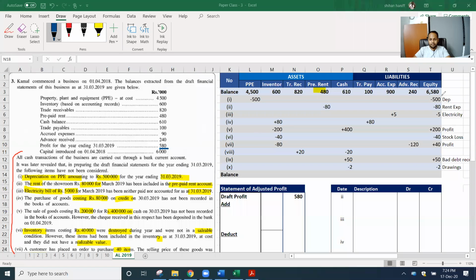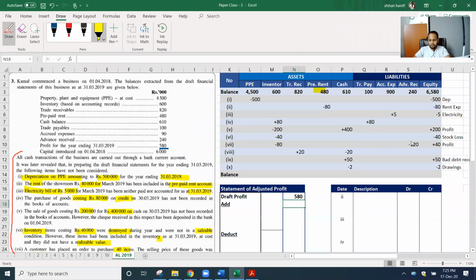So once you adjust all these transactions, the profit will change. So what are the transactions which affect the profit? From this, let's identify the transactions which are affecting the profit.